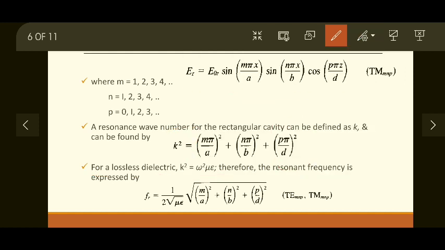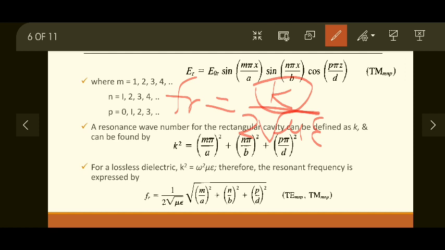In such a scenario, the resonant frequency can be found by the general formula Fr is equal to k upon 2 pi square root of mu into epsilon. Substitute the formula for k from this equation in this particular equation, and we will find the answer for resonant frequency.